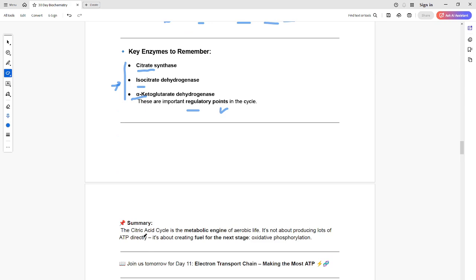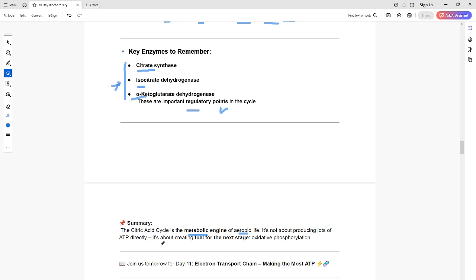In summary, the citric acid cycle is the metabolic engine of aerobic life. It is not about producing a lot of ATP directly. It only produces one ATP.